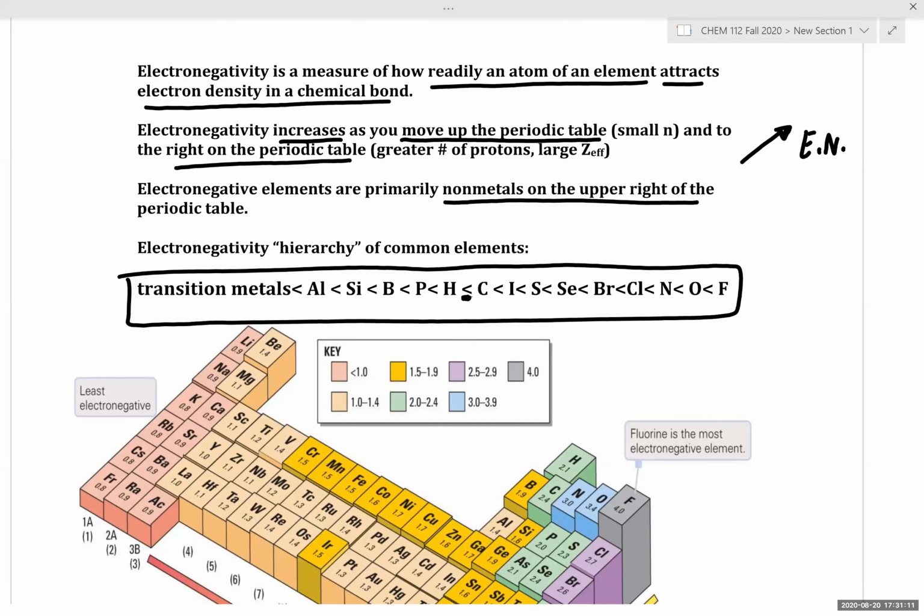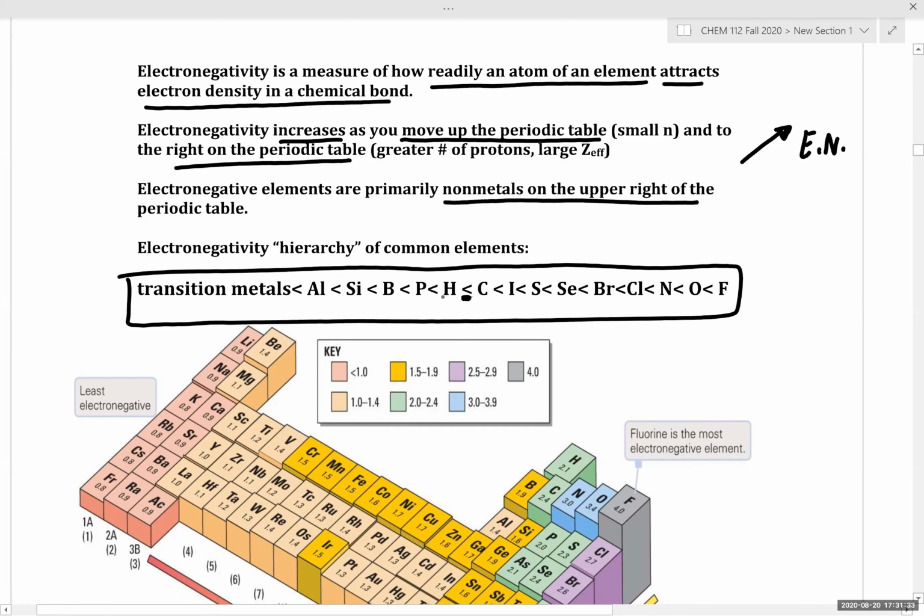One other thing I'd like you to note, phosphorus is less electronegative than carbon, and this will come up when we start to look at the unique reactivity properties of phosphorus-carbon bonds, in addition to phosphorus-hydrogen bonds.